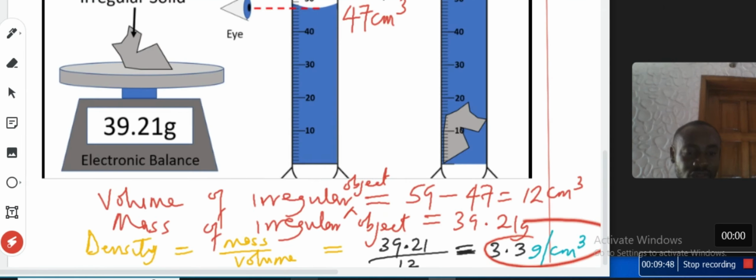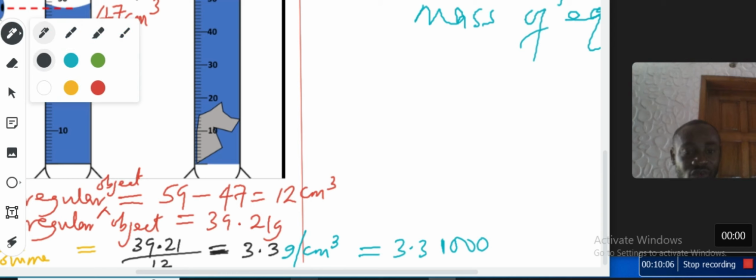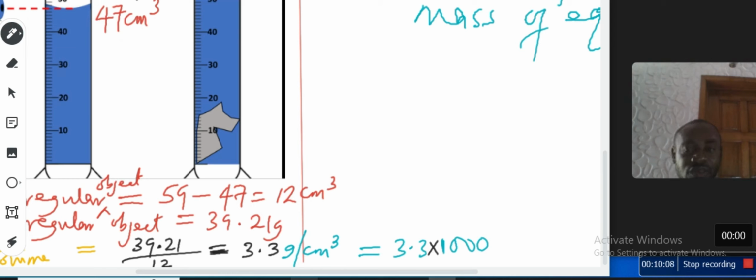This 3.3 grams per cm cube can be written as 3.3 times 1000 to put it in kilograms per meter cube. We will do it in gram per cm cube, though. What you said is actually better because there's no need. I just wanted to bring up that point.